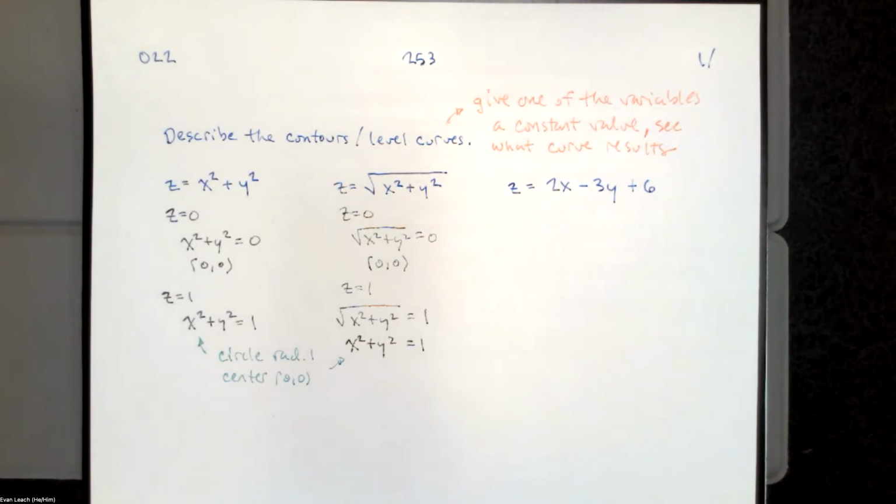Both of these surfaces have the same contour. Circle of radius 1 centered at the origin. So at a height of 1 above the XY plane, in both cases, the slice we're looking at is a circle of radius 1.